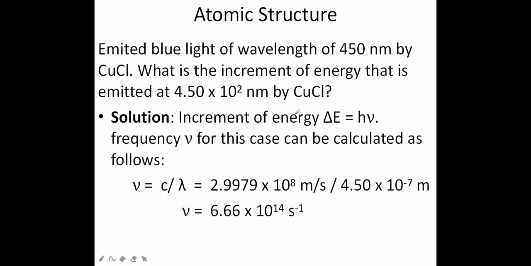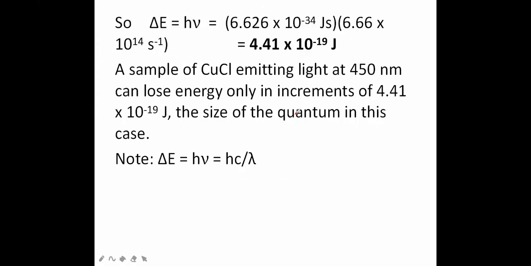Understand. Okay, thank you. Therefore, our frequency is equal to 6.66 times 10 to the power 14 cycles per second. We use this frequency and multiply with our h. Therefore, h v is the frequency times Planck's constant. Finally, the change in energy gives us 4.41 times 10 to the power negative 19.